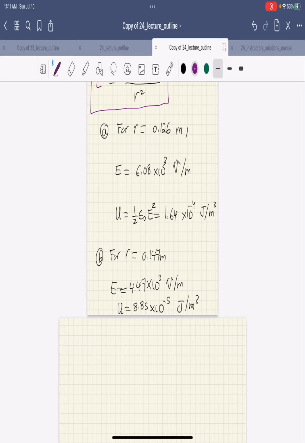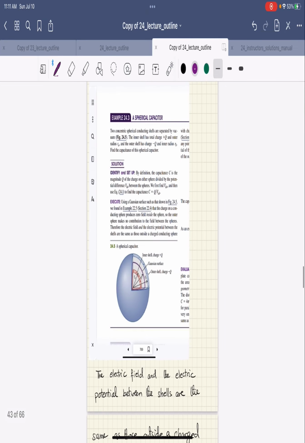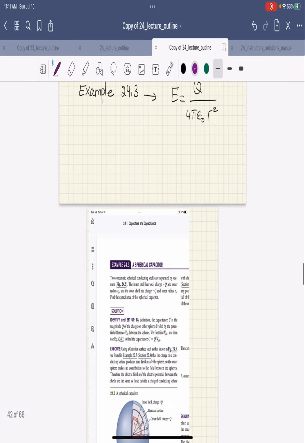Now part C is talking about how for a parallel plate capacitor, the energy density is uniform in the region between the plates except near the edges of the plates. Is that also true for the spherical?